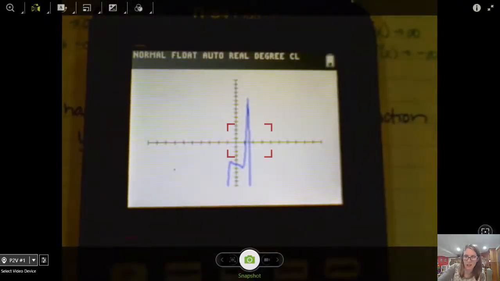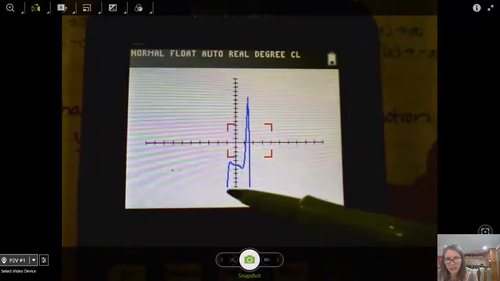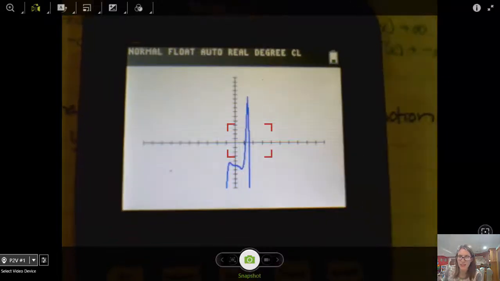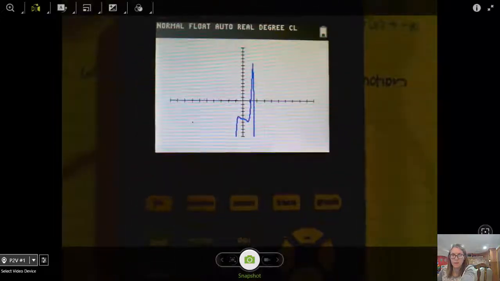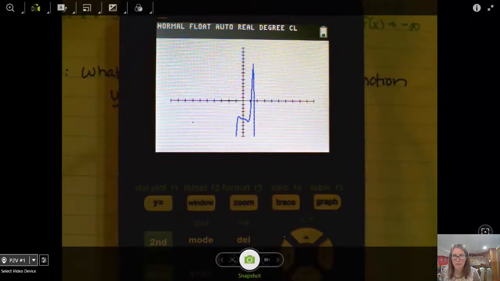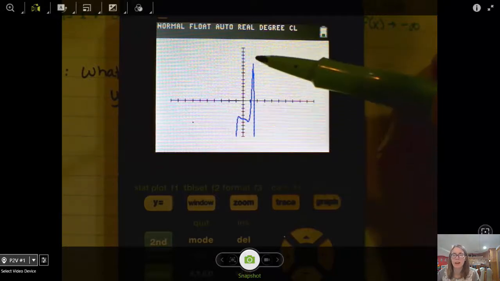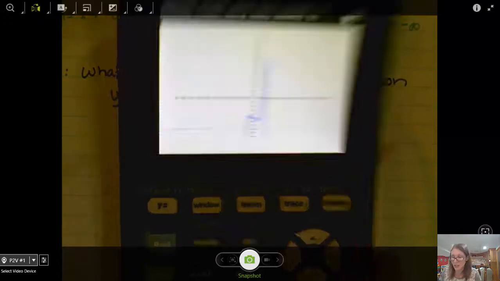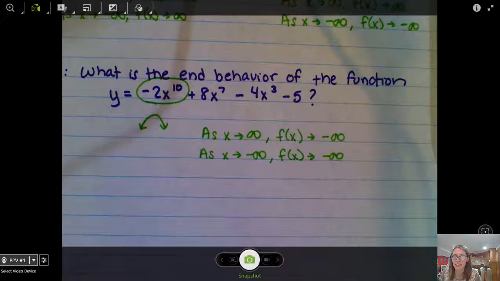Our graph has some weird little bumps. It goes up and then goes down, and all sorts of crazy things are happening. There we go. So we have a bunch of different bumps and dips, but both ends go down. They both go down because of that negative in the front and that even degree.